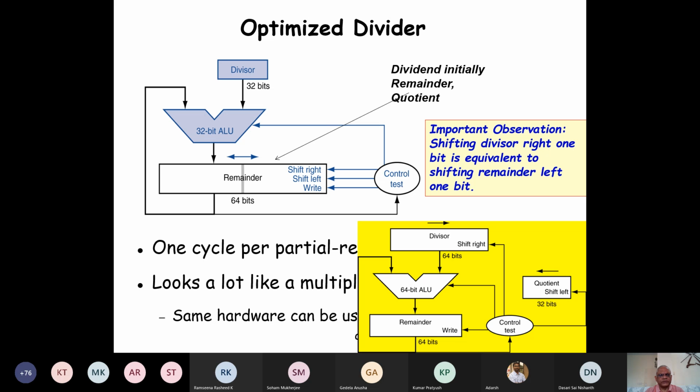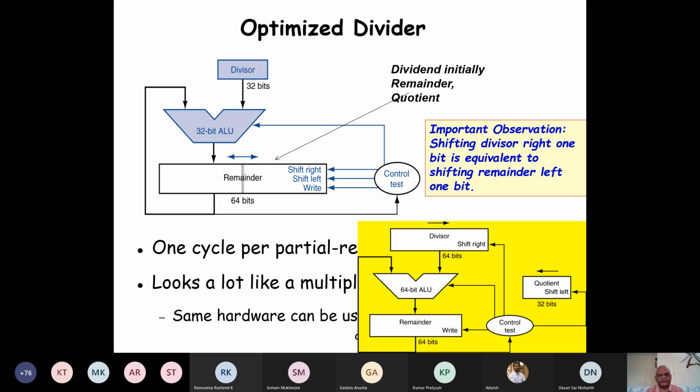Initially, this 32-bit ALU is doing the subtraction on the 32 MSB of the dividend. Initially, the dividend is entirely on the right side, so it is 00000 here. We're trying to subtract the divisor from 0000, and the divisor will be at least 00001, and therefore the first result will always be negative.